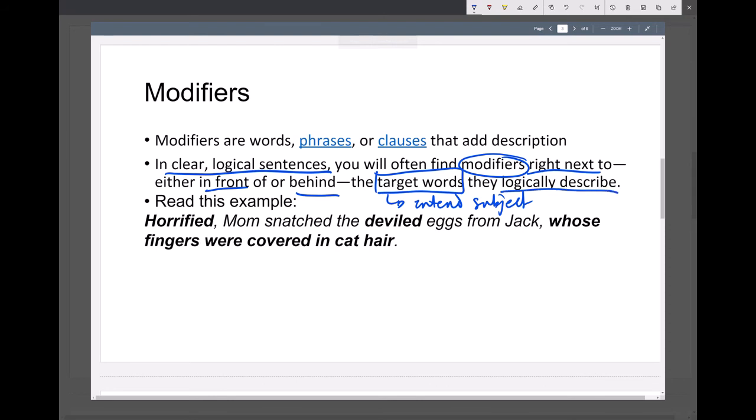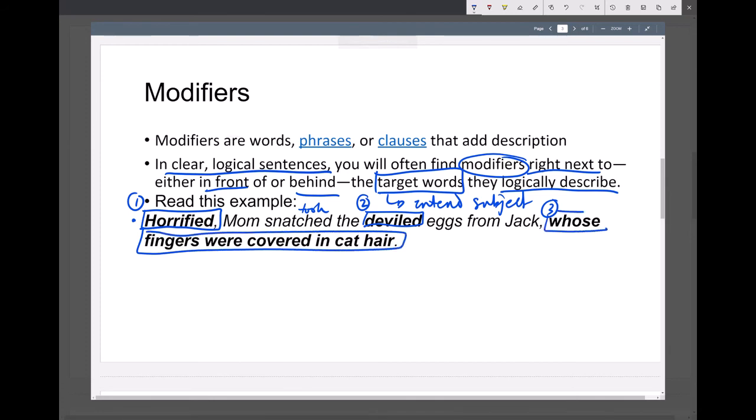So here we read this sentence: horrified, Mom snatched, that's took, the deviled eggs from Jack, whose fingers were covered in cat hair. So we have 3 modifiers here. We have horrified, that's 1. Deviled, that's 2. And whose fingers were covered with hair, that's 3. It's an adjective phrase that describes Jack.